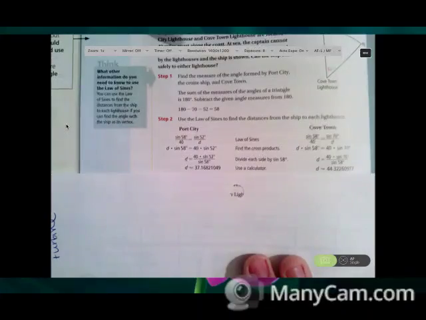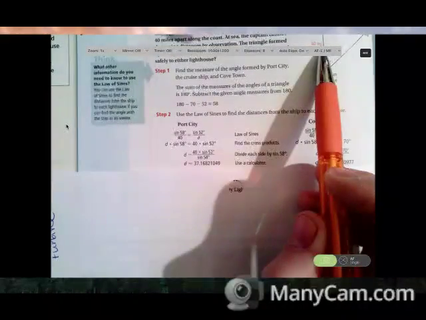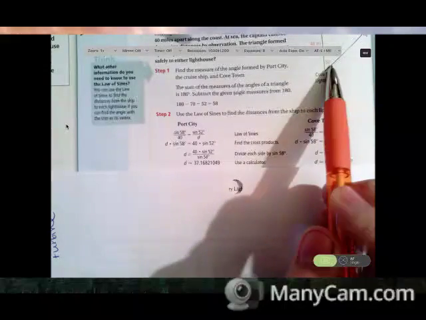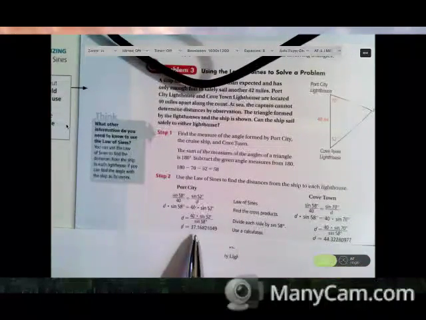Let me make it a little bigger so you can see. From Port City, we do sine of 58 over 40, because that's from the ship. And then we do sine of 52 over d, because that's the distance we're looking for. When we solve for everything, we get d roughly equals 37.16, 37.2.